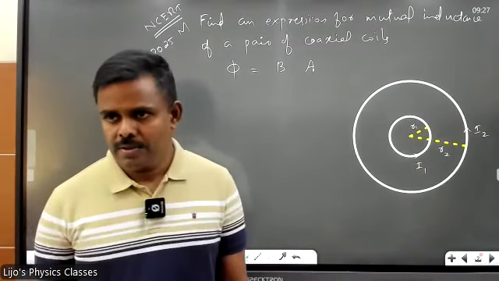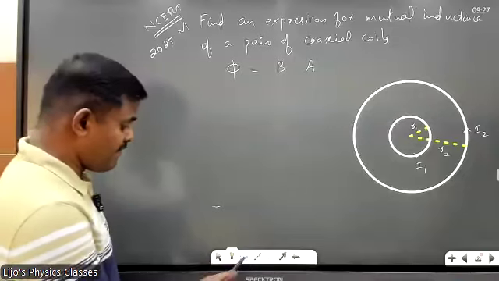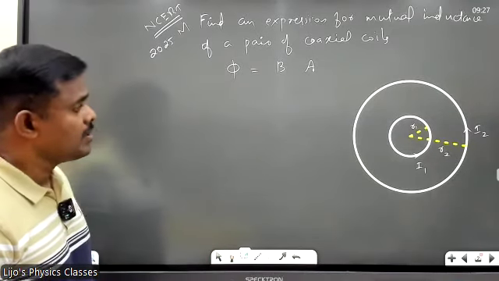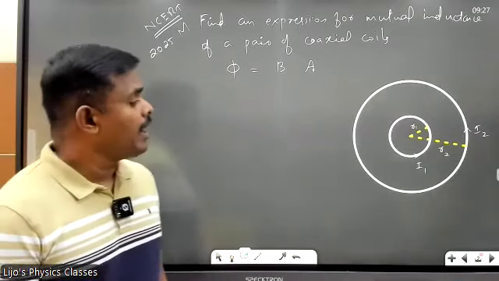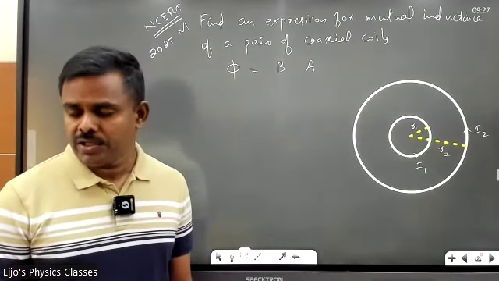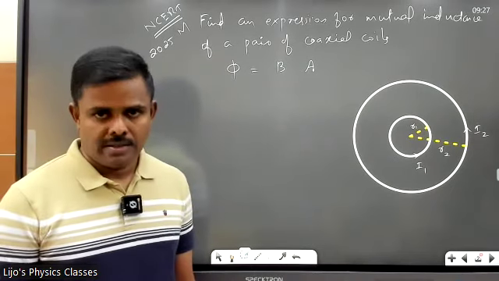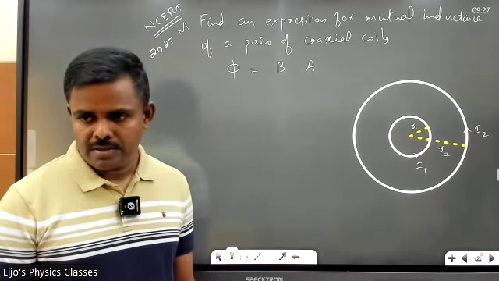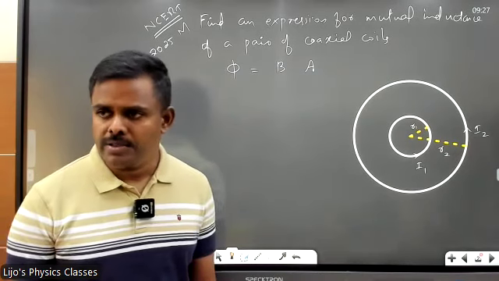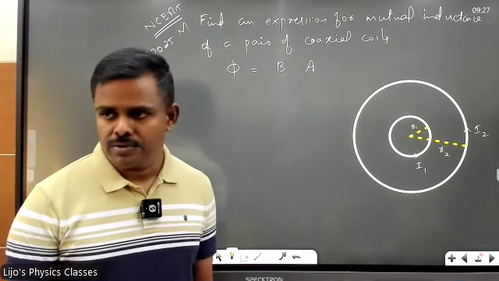Full stop. Next line, flux linked with the smaller coil is. I prefer to take the smaller coil because the textbook has given so.